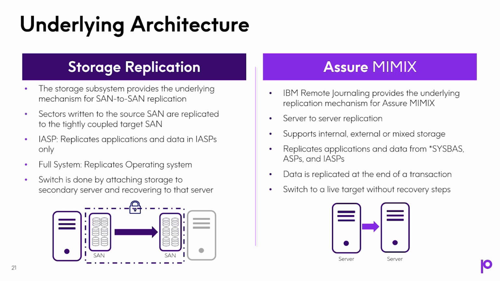You can have an independent auxiliary storage pool orientation where you basically have storage replication for your IASP. So on IBM i, you've got ASPs 1 through 32. Those are the system ASPs, right? And then once you go to 33 on up, those are independent ASPs.